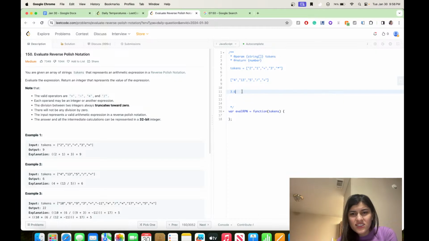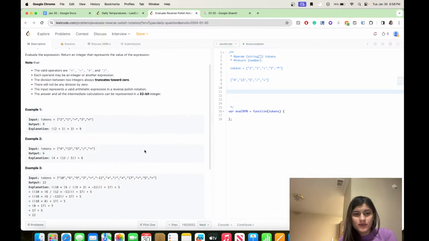We are not rounding off; if we were rounding, it would be 4, but since it says truncate, it will just be 3. That's what I'm assuming here.